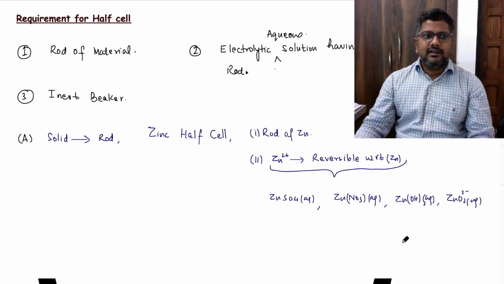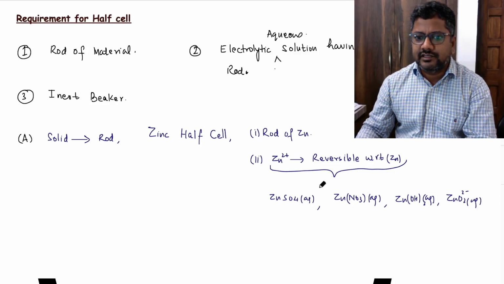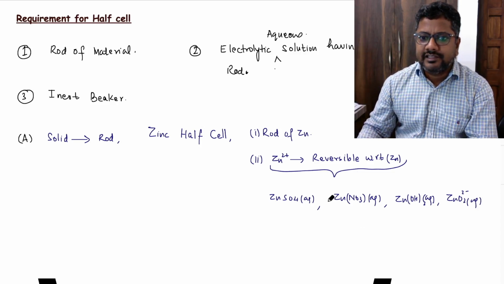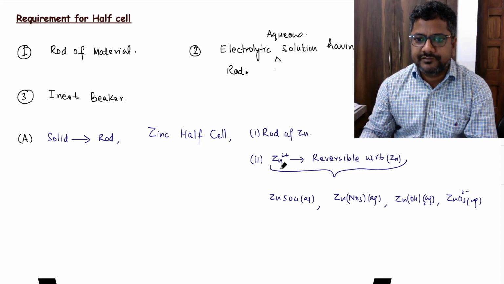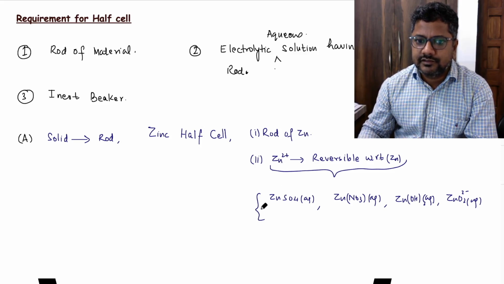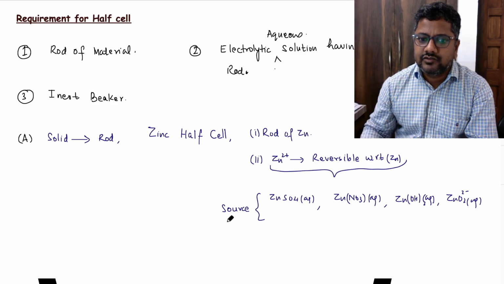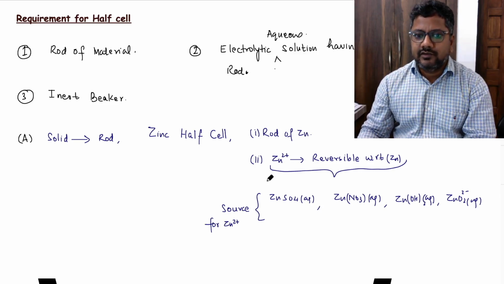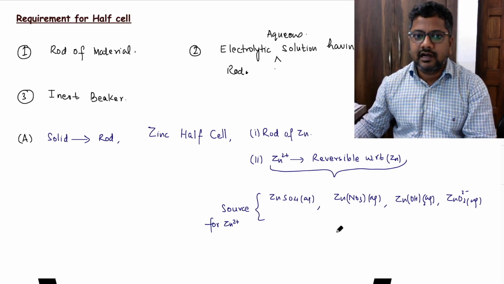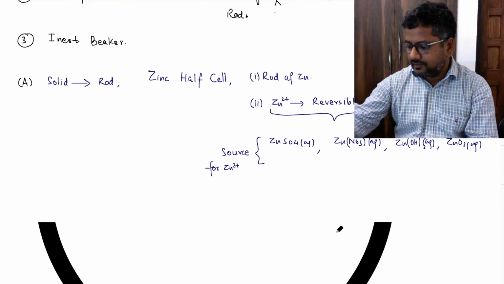You can take any of these species as a source of Zn2+. So you have to require this. How to represent this half cell?